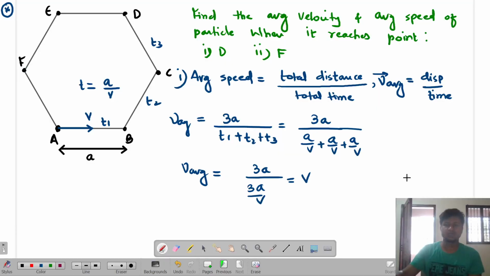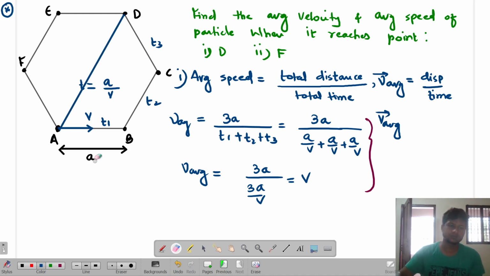But for that case, average velocity, if I calculate from here to here, as we know that for a hexagon, the length of the diagonal through the center is twice the side, since from the center to here this length is also a, and this length will also be a.